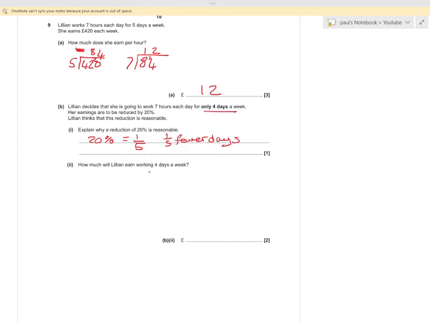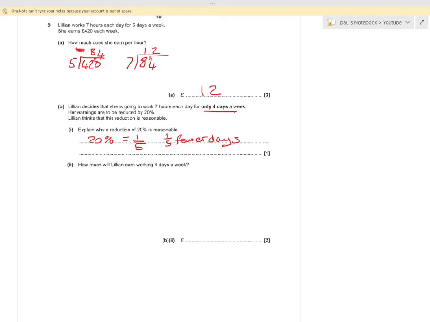How much will she earn 4 days a week? Right, 4 days a week. So we've done a lot of the legwork there, haven't we?